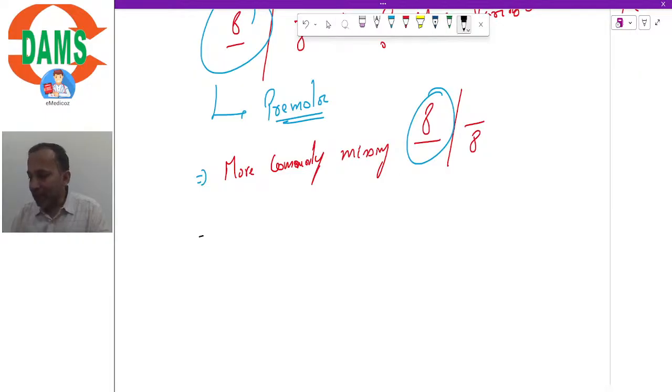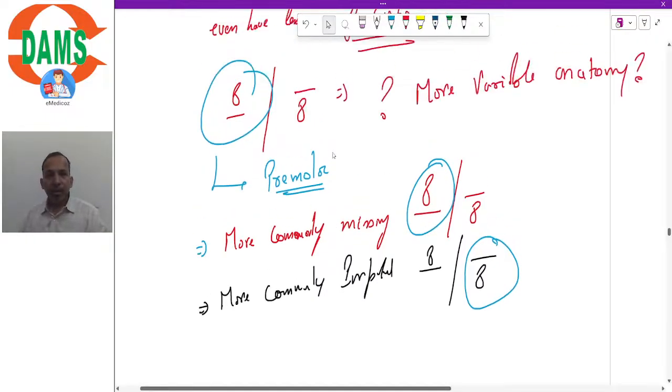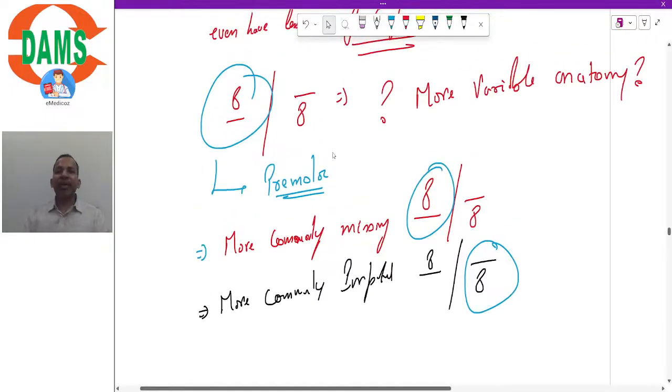So if I asked you again, which is more commonly impacted, upper 8 or lower 8? Now the answer would be lower 8, isn't it? The lower 8 is more commonly impacted, right? तो ये कुछ डिफरेंसेस हैं अपर 8 और लोअर 8 के बीच में, क्या आप लोगों को समझ में आया?